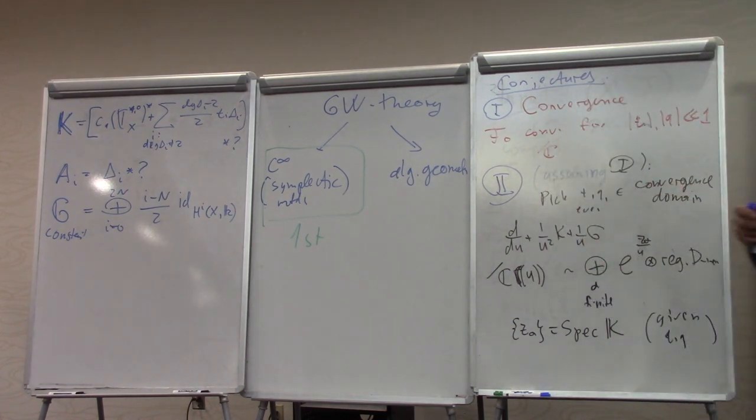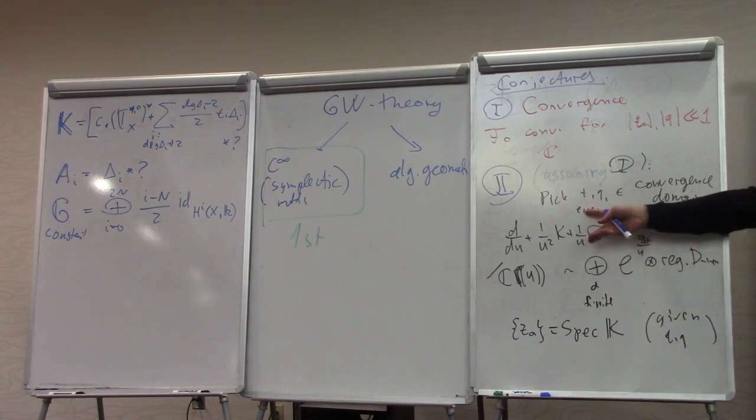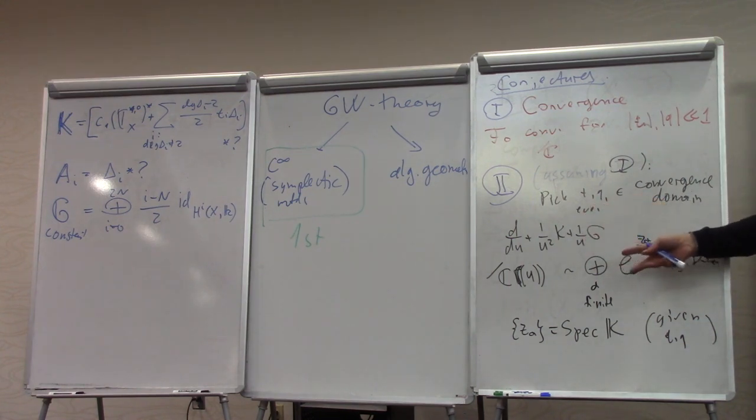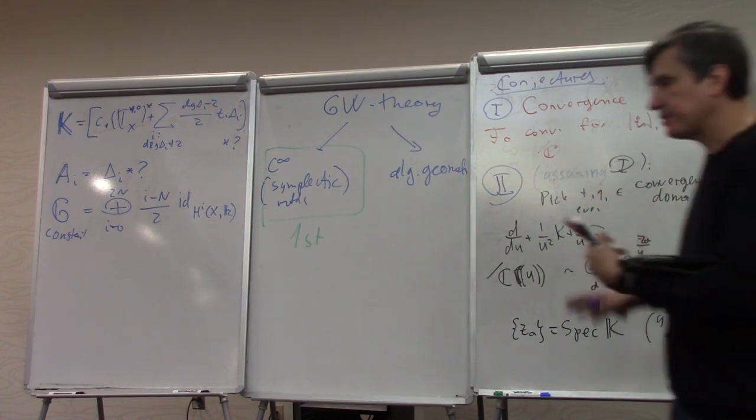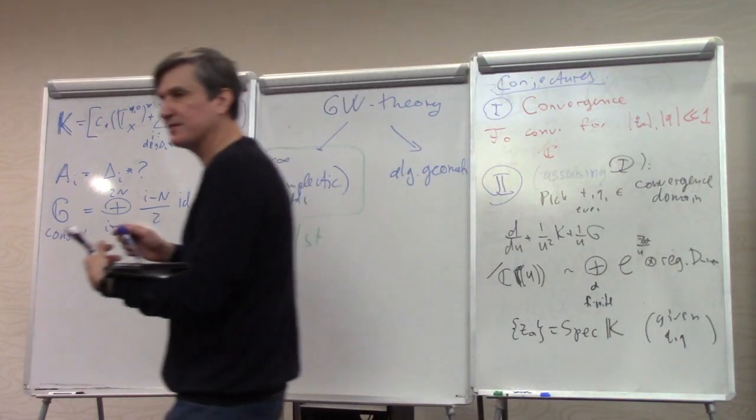The conjecture is that in the area of convergence, my matrices K and T, which are complex valued matrices, are such that this connection over formal power series is a direct sum of exponential terms. It's some property of pairs of matrices which is neither Zariski closed nor Zariski open.